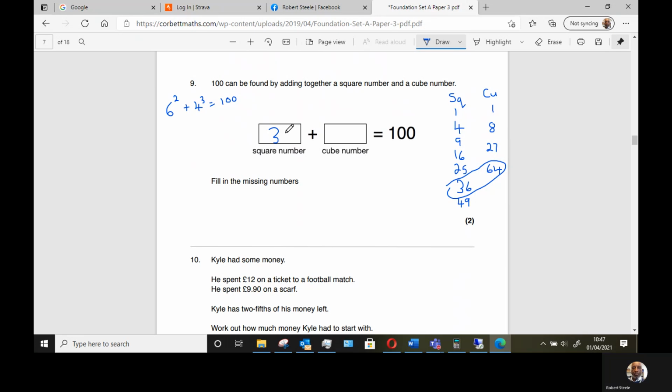So 36 in there, 64 in there. There is no particular method to apply to that. You have to list the square numbers, list the cube numbers, and find something that fits.